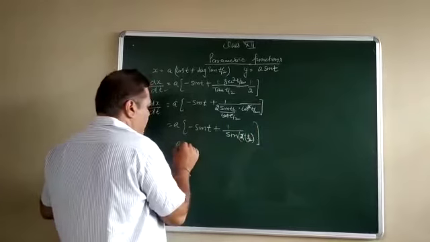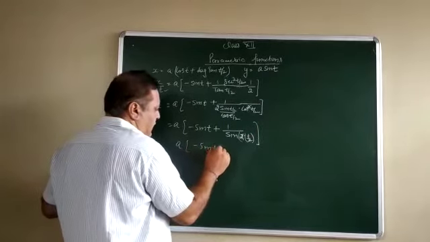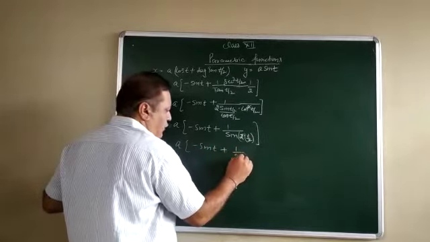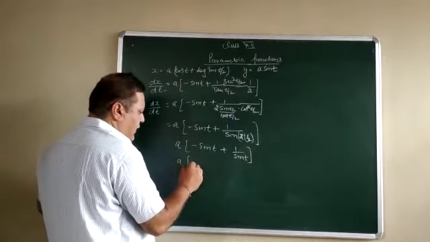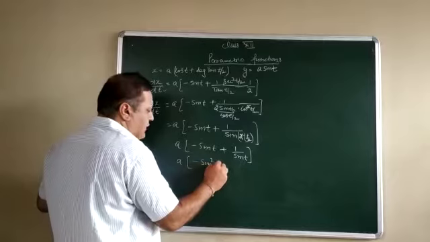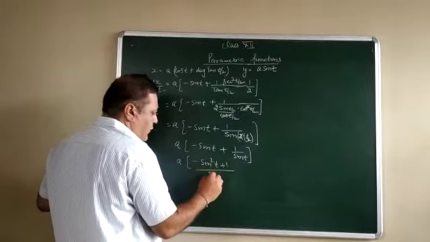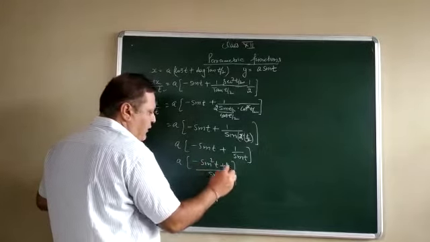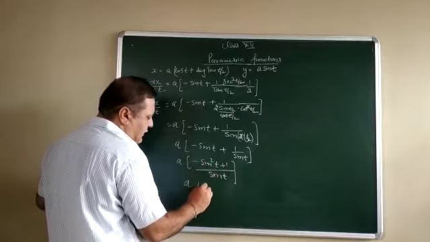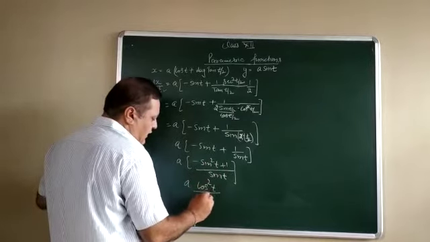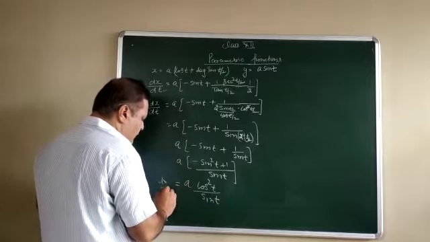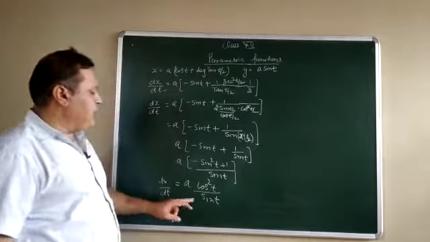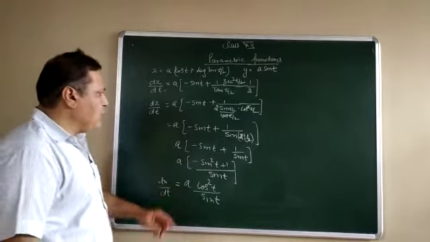Now it is minus sin t plus 1 upon sin t, or we can take the LCM, minus sin square t plus 1 upon sin t. 1 minus sin square t is cos square t upon sin t. This is the value of dx by dt, the derivative of x with respect to t.